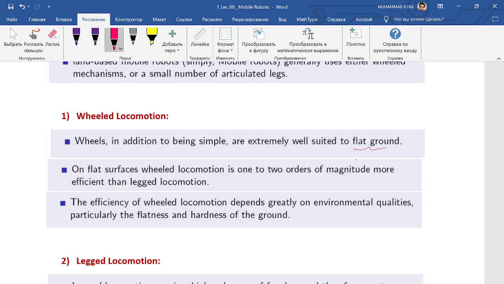On flat surfaces, like on roads, it is very efficient. If we have a flat road surface, wheel locomotion is very fast and very efficient. Depending on our application, if we are designing our mobile robot to move on the road, for example a driverless car, then wheel locomotion is the best option.